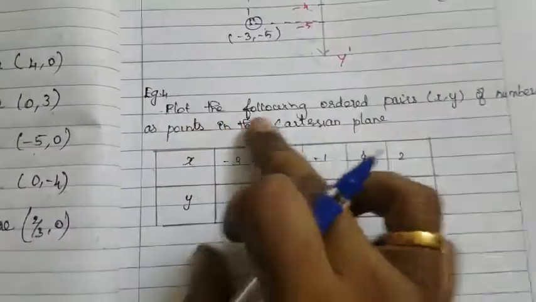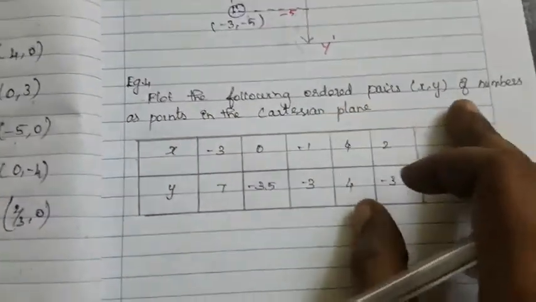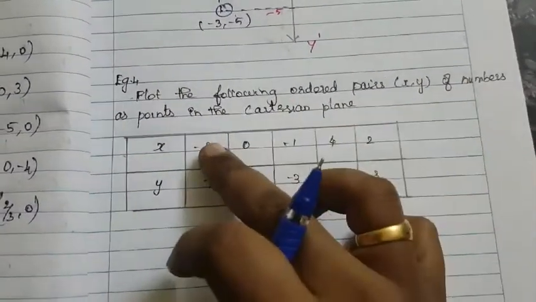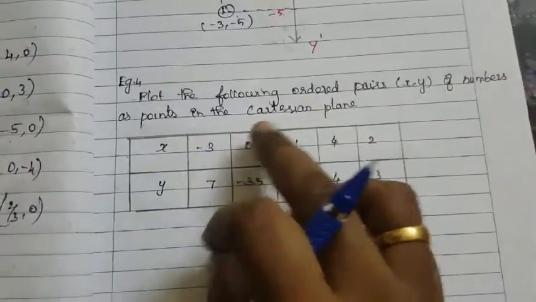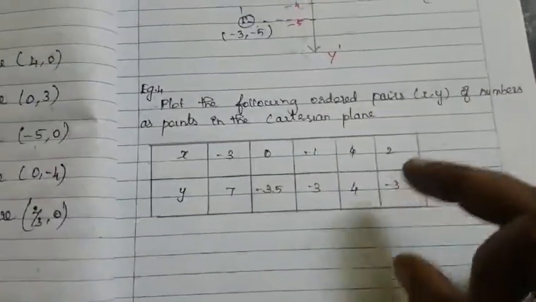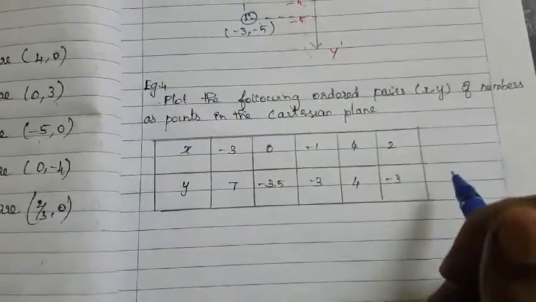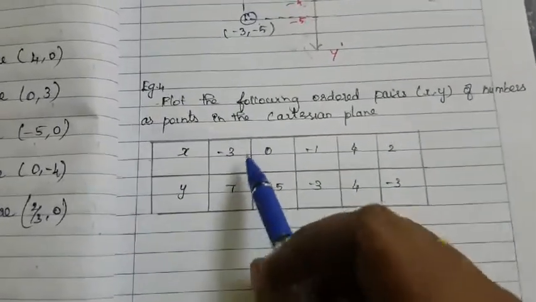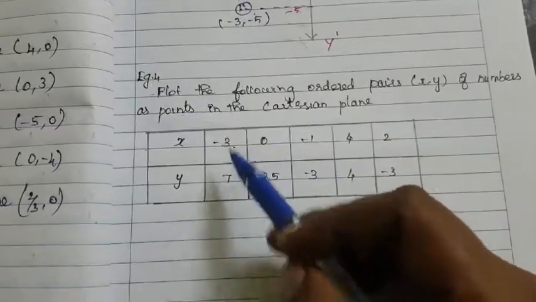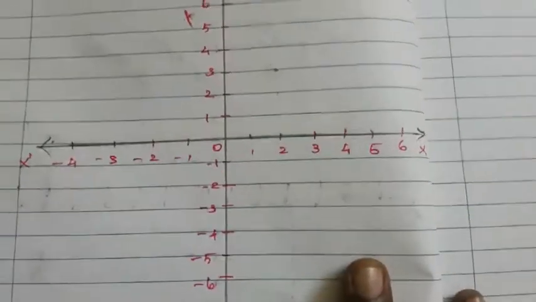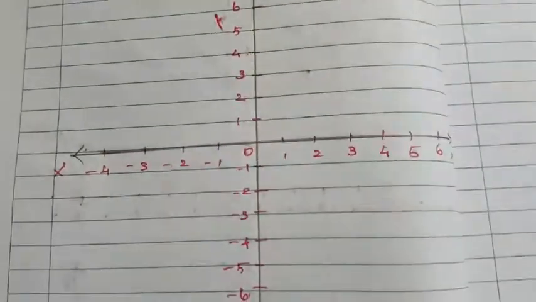Example 4. Plot the following ordered pairs (x, y) of numbers as points in the Cartesian plane. Here they have given the x and y values. This we are going to mark in the Cartesian plane. So the first point is (-3, 7). So let's start. The first point is (-3, 7), right?